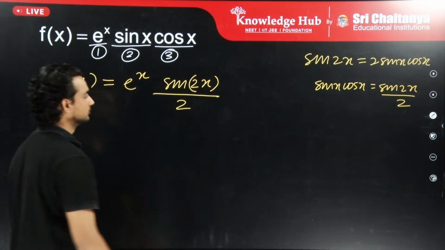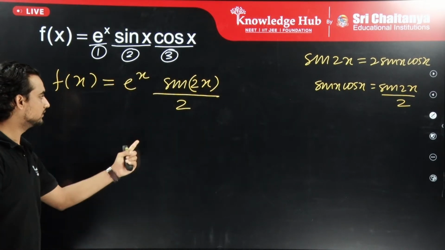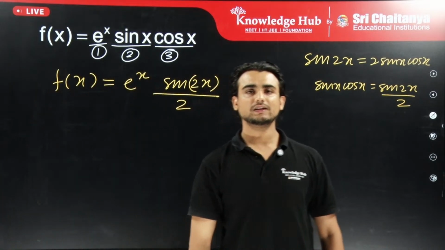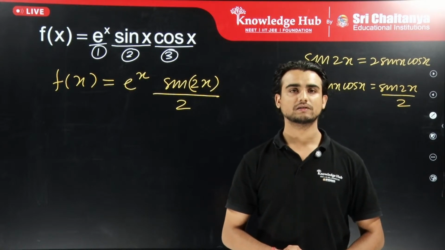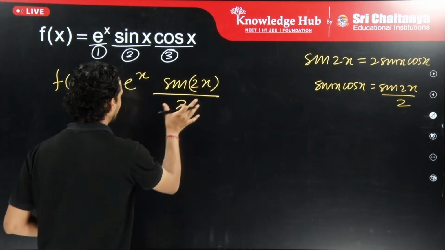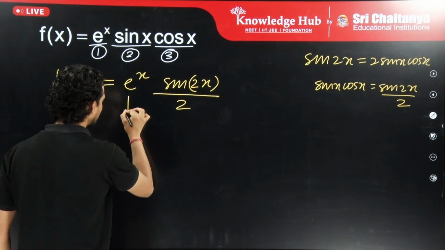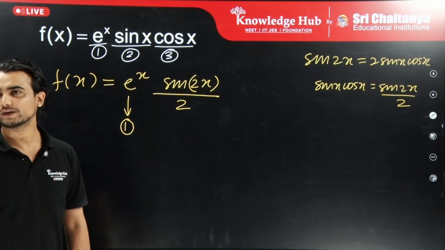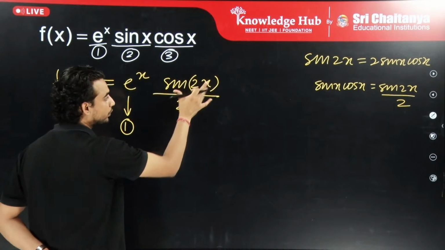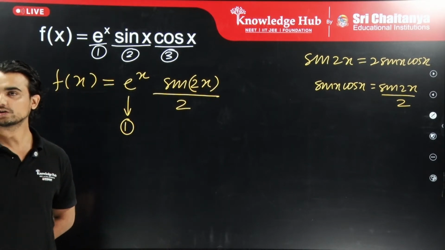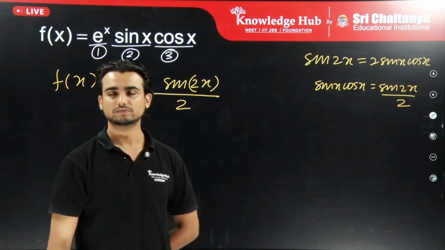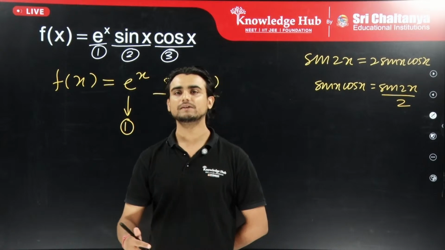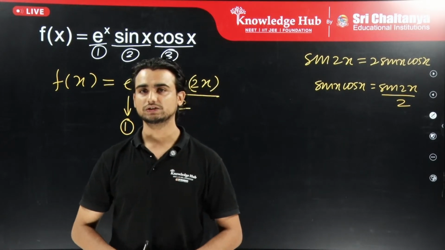So now I have a function 1 and I have a function 2. But here we have a problem. What is the problem? For function 1 I can differentiate very easily: the differentiation of e raised to x is e raised to x. But will the differentiation of sin 2x be equal to cos 2x? No, the differentiation of sin 2x is not equal to cos 2x. It is some other function.